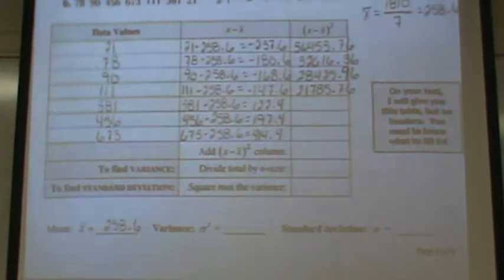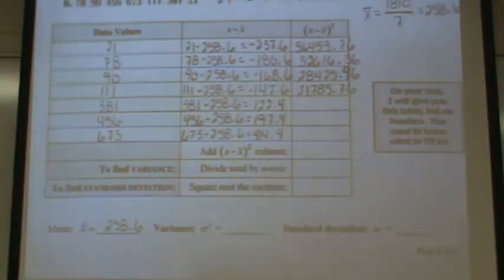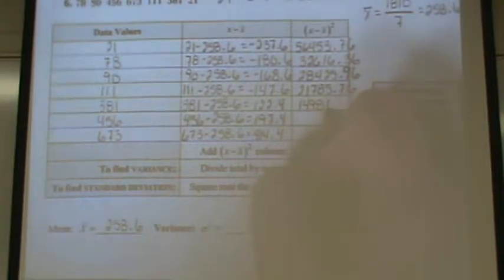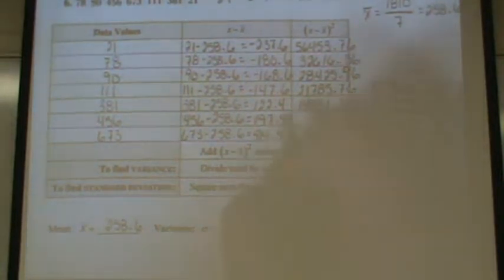147.6 squared is 21,785.76. 122.4 squared is 14,981.76. 197.4 squared is 38,966.76.